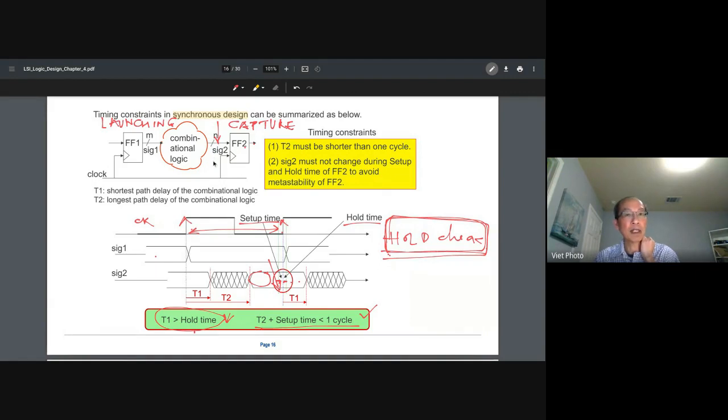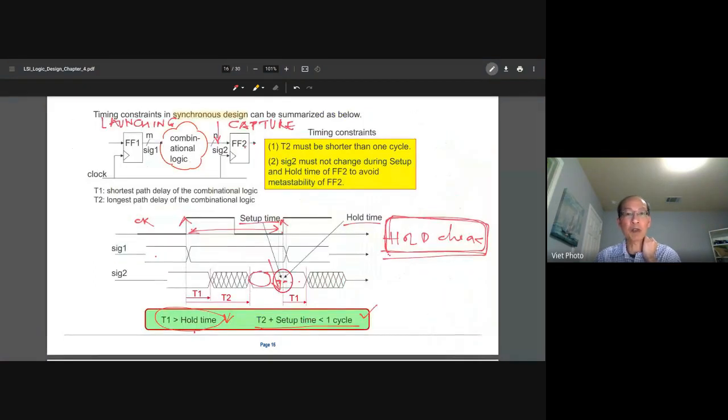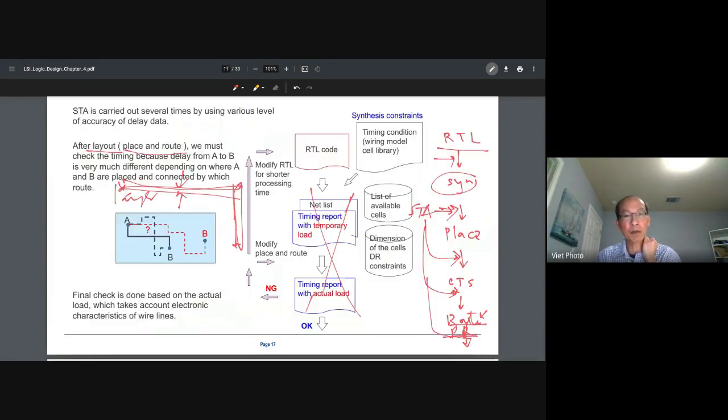At CTS we have that picture: now I have that 100 picosecond difference, so I have to optimize the path to 400 picoseconds instead of 500. That's one level of accuracy improvement.